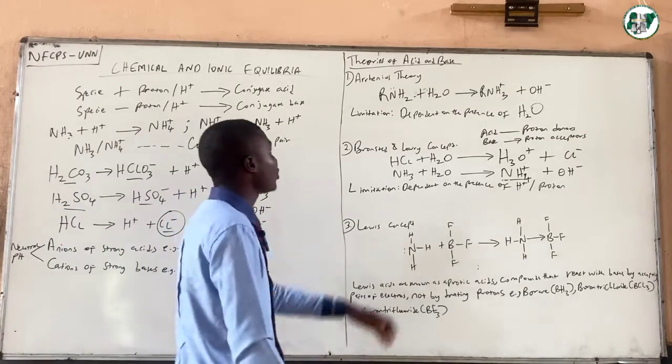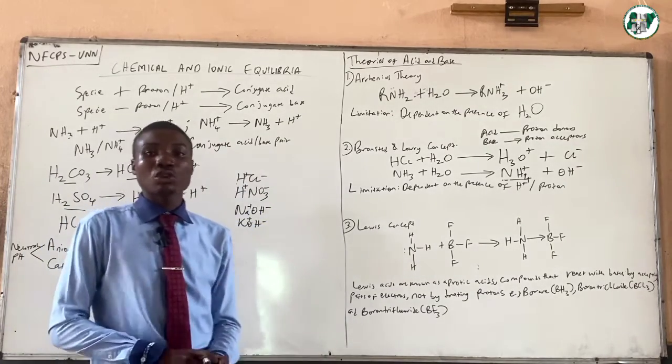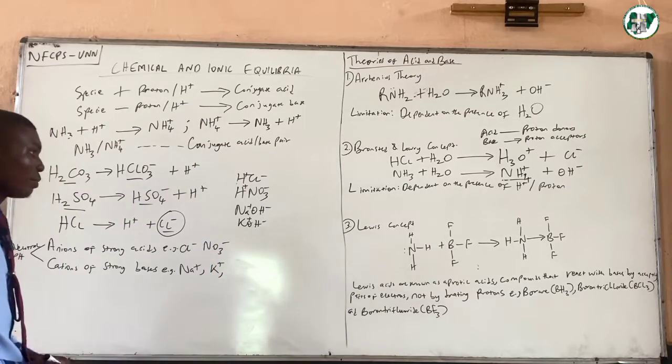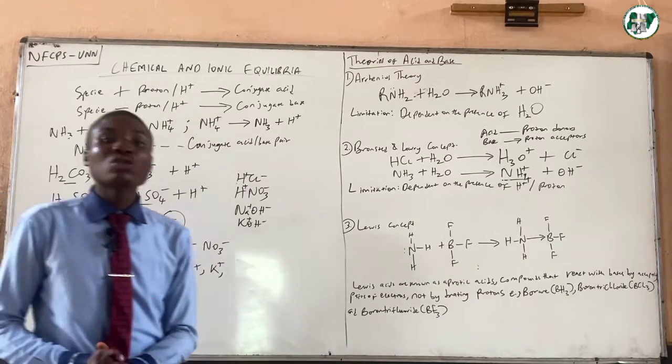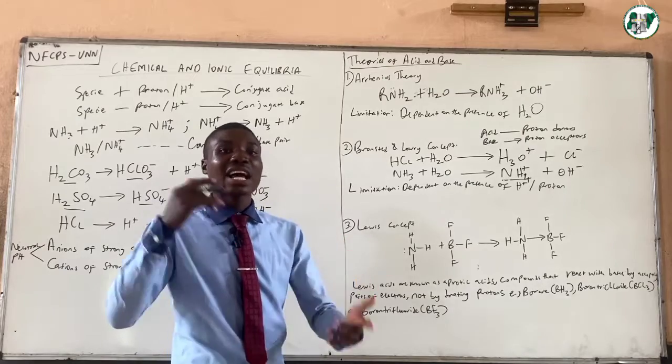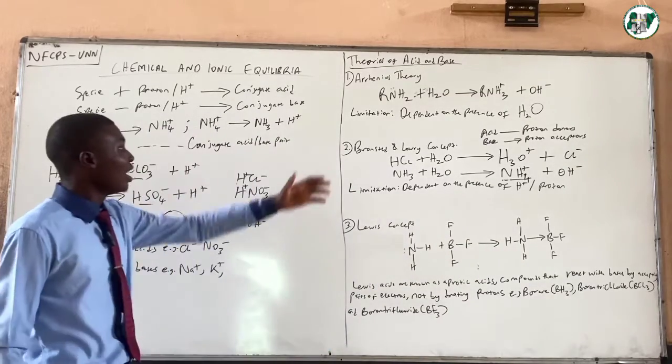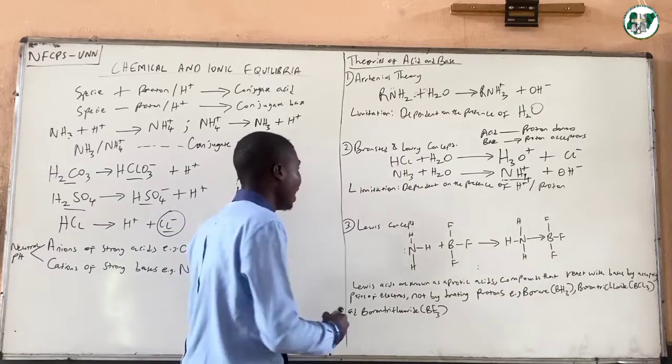So let's go to the last theory of acids and bases which we'll be discussing in this tutorial, which is the Lewis concept. According to the Lewis concept, acids are electron acceptors. Now you see the language has changed. It has moved from protons to electrons.